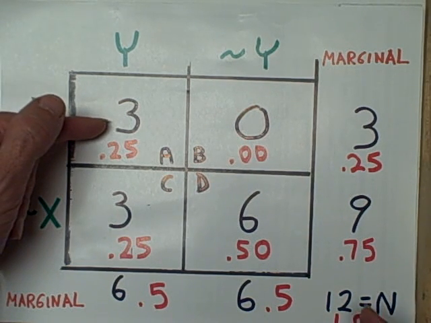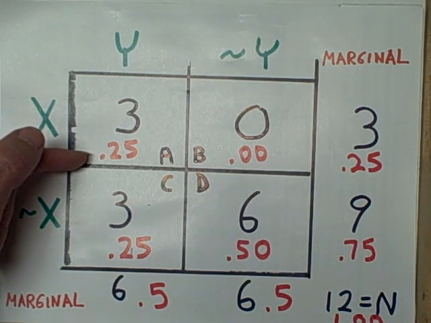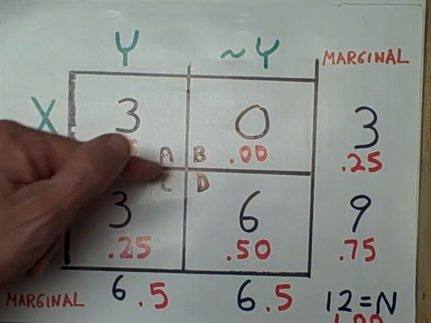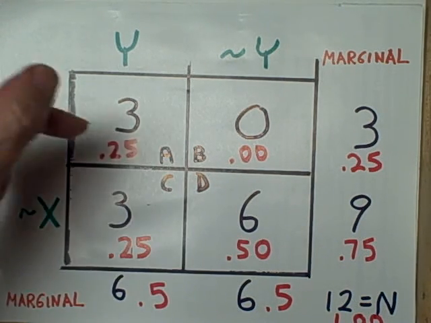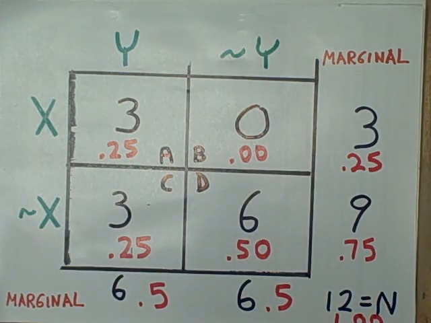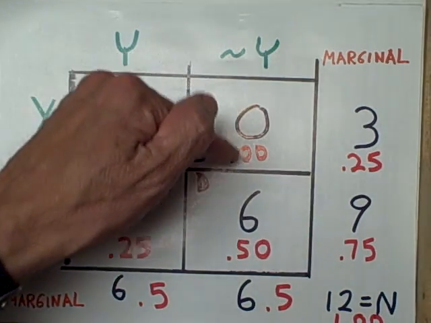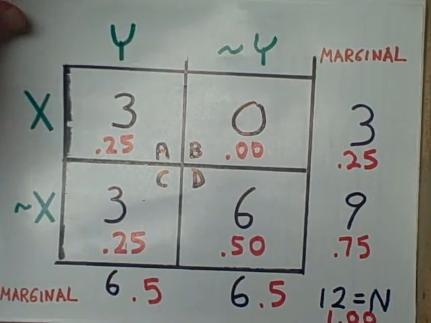So we have 3 divided by 12, or 0.25, of our total in cell A. We did that for each of the 4 cells. Now notice that if we add all 4 cells' probabilities together, we're always going to equal 1. And if we add all 4 cells' frequencies together, we're going to get our sample size.